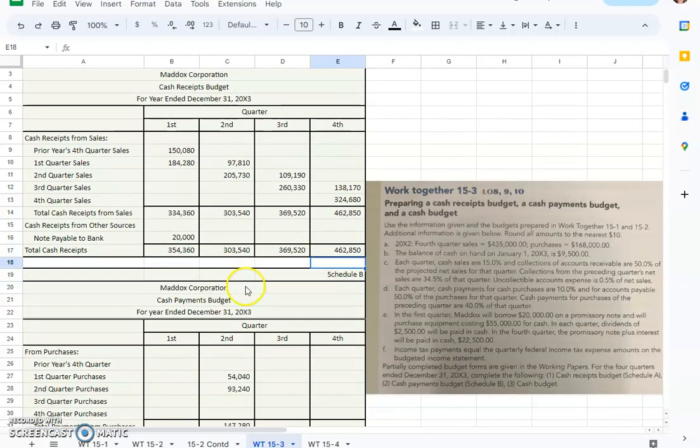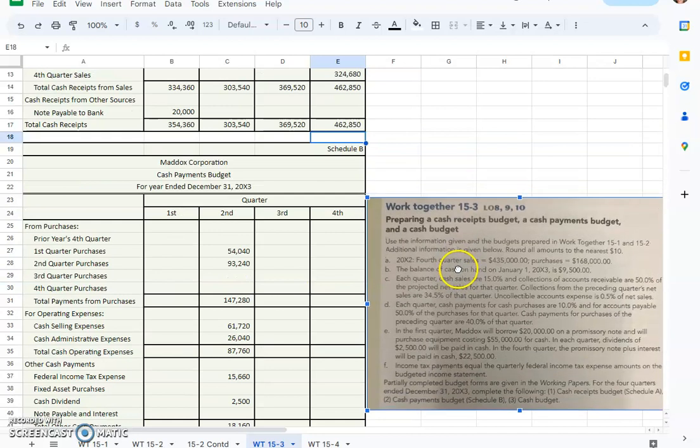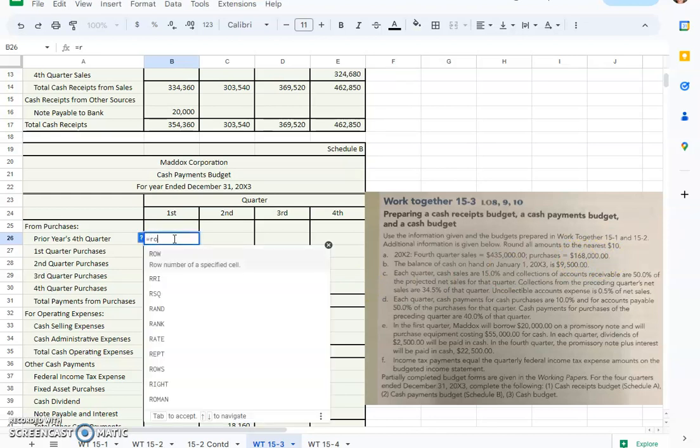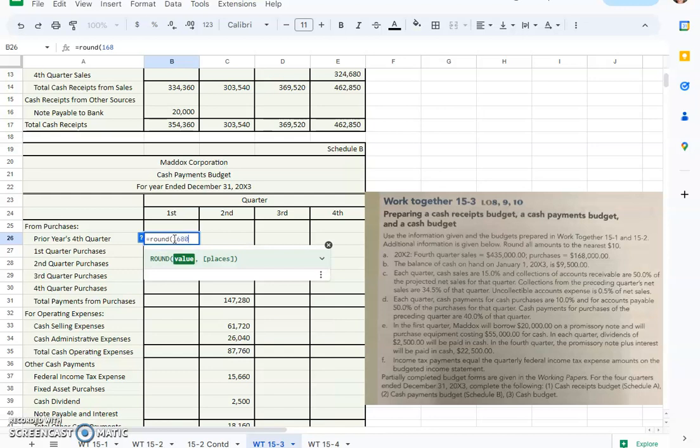Now we've got to move on to cash payments. The first part is cash payments budget from purchases. Our prior year's fourth quarter, our book tells us, was $168,000. So we would take a round of $168,000 times the cash payment percentages: cash payments from purchases are 10% cash, accounts payable that quarter 50%, and cash payments from preceding quarter 40%.